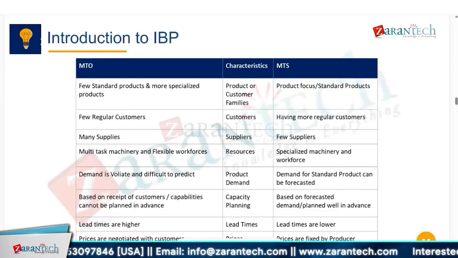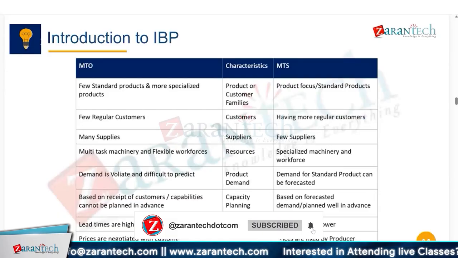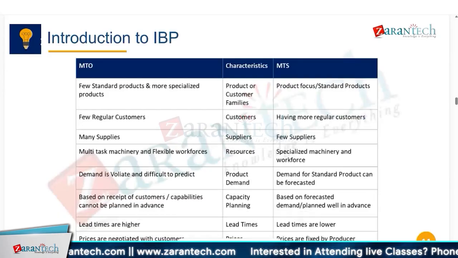So basically, for product or customer families, if it is an MTO product, that is made to order products, we have a very small amount of standard products. Most of the products which fall under the category of MTO are specialized products. These are products designed specifically with some special functions for some special customers.